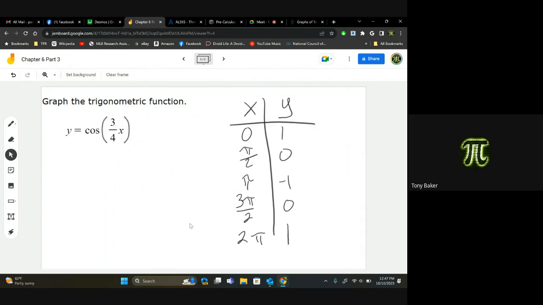All right, so let's look at this one. This one, 3 over 4, is being done to the x inside of that function, correct? Okay. For this one you're going to have to remember one thing. If it's being done to the x, you need to do the opposite of it.